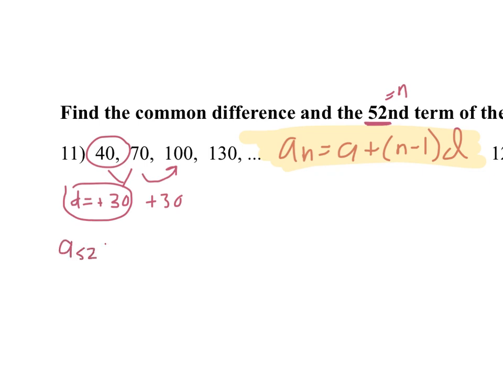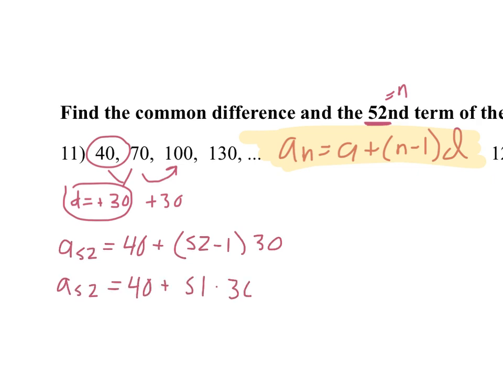So to find our 52nd term, we start with our first one plus n minus 1, so 52 minus 1 times our common difference, which is 30. So our 52nd term is going to be 40 plus 51 times 30.